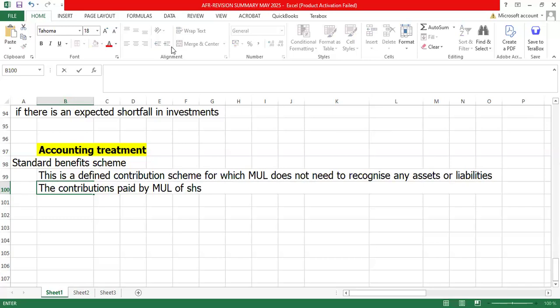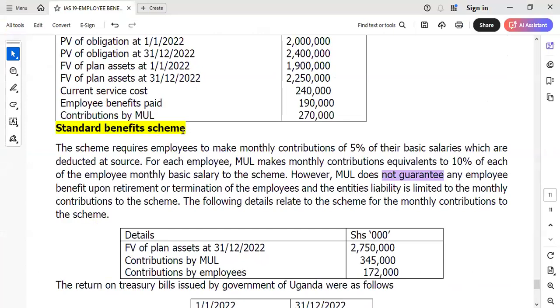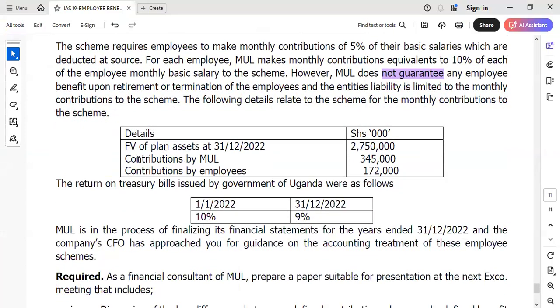This is the contributions by MOVE and contributions by employees.